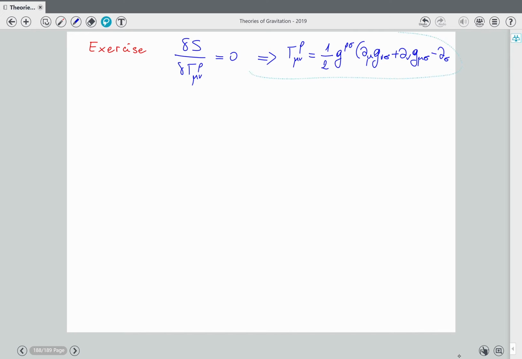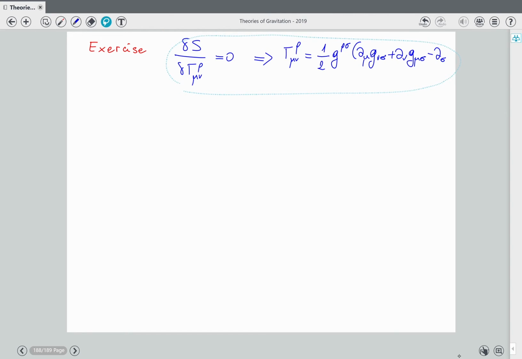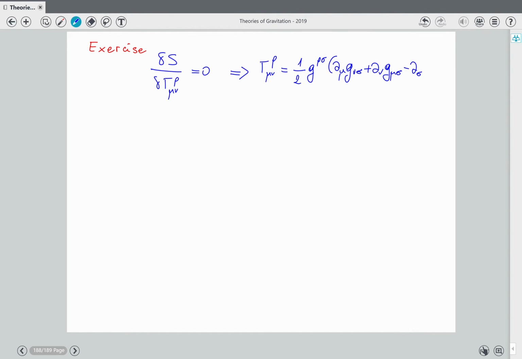Then, if we replace Γ with the solution of its own field equations inside the action, we switch from the first order formalism to the second order formalism.